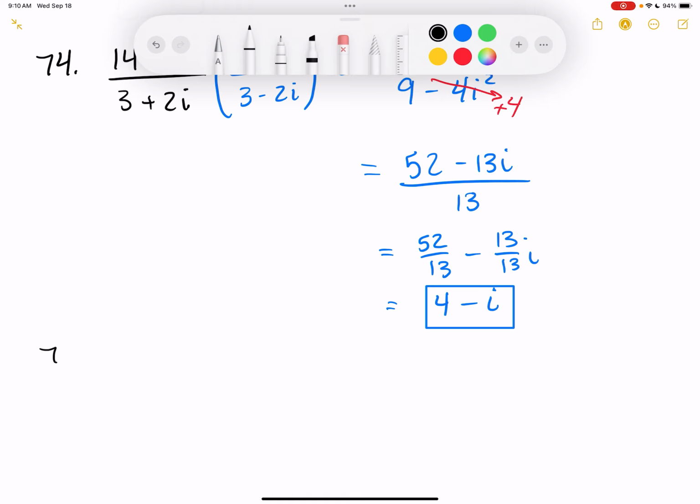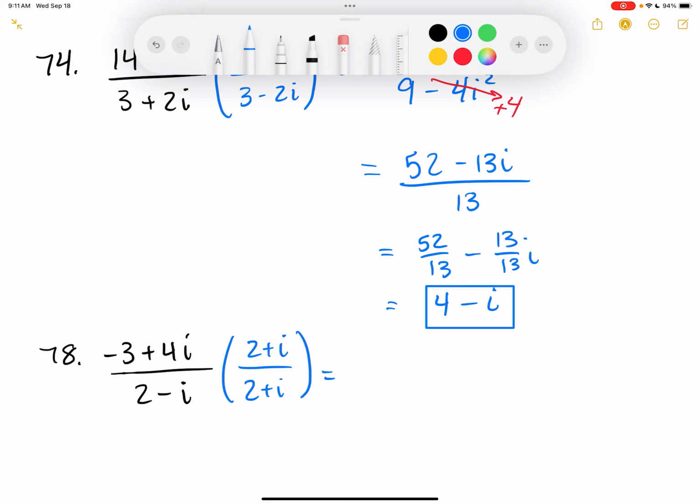Problem 78: (-3 plus 4i) over (2 minus i). What would the complex conjugate be that I need to multiply by here? 2 plus i. So on the bottom, I've got a difference of squares, which is going to give me 4 minus i squared.